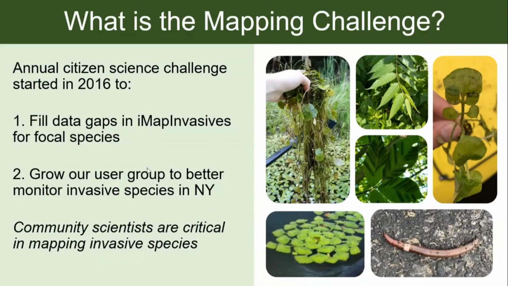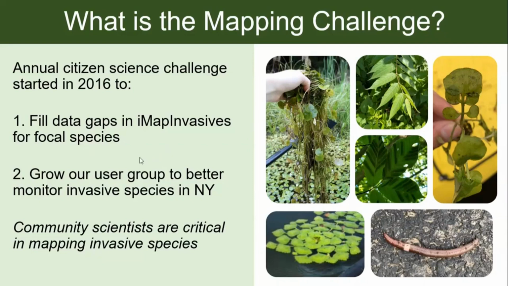But essentially, the goal is to fill data gaps in iMapInvasives. So we've been identifying species which are more widespread than the data suggests, so trying to get better data, better information on where those species are. And also to just grow our user group to better monitor invasive species in New York.